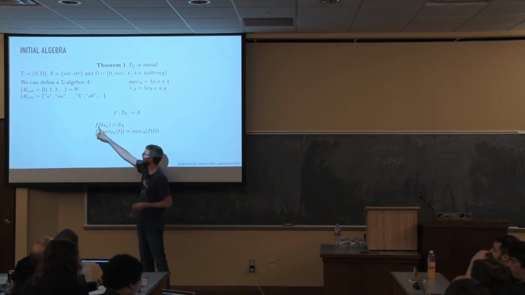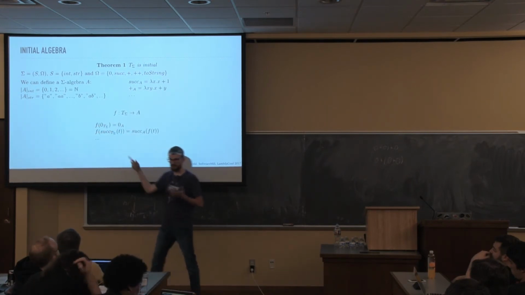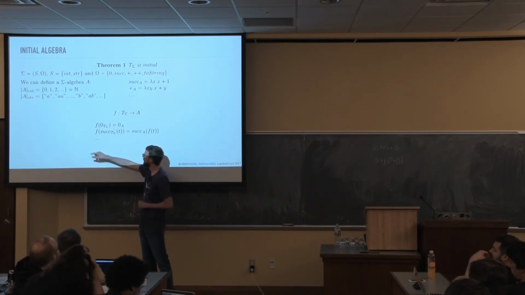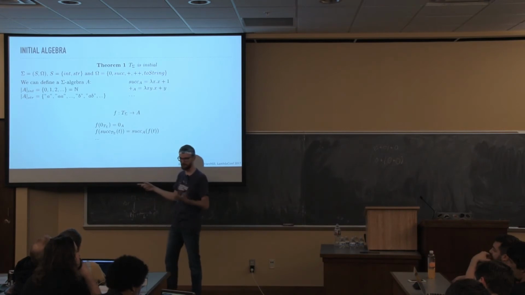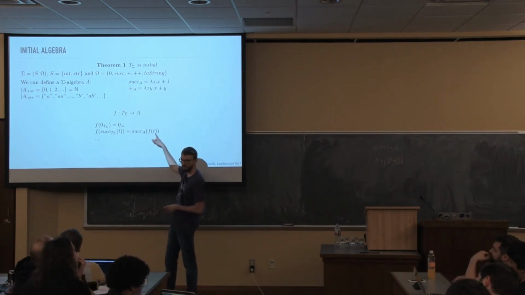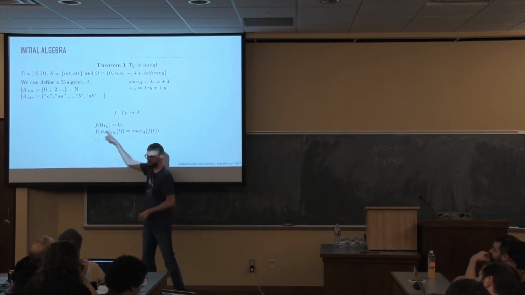Any homomorphism between T sigma and A must meet this condition, because that's what it means to be a homomorphism. And now, if we take this, any function must meet this condition as well, because that's the definition of a homomorphism, right? But you can see that this is a smaller term, right? So for any other g, g of t will be equal to f of t because of the induction step. So this must be equal as well.